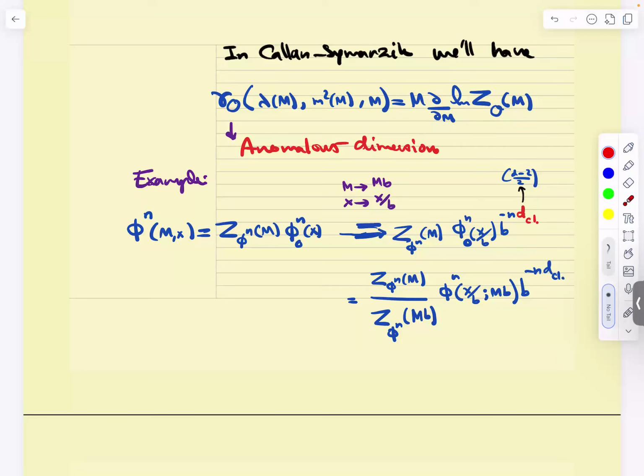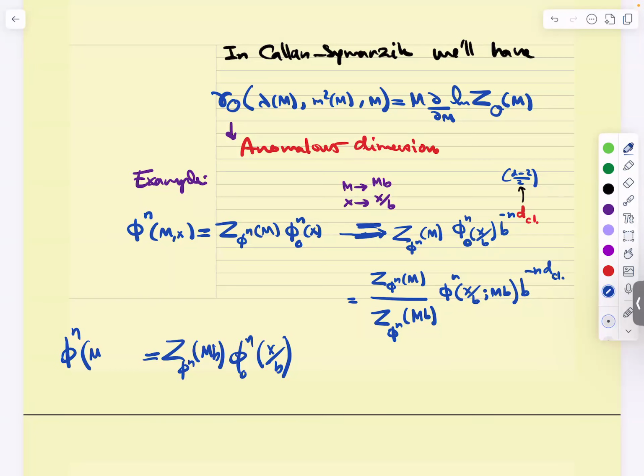Next, what do you do? Well, what you can do is take this term, put it back in here, and use, let me write it on the board. Actually, let me put it here. So phi^n of x over b, Z phi^n of M b is phi^n of M b, x over b, right?